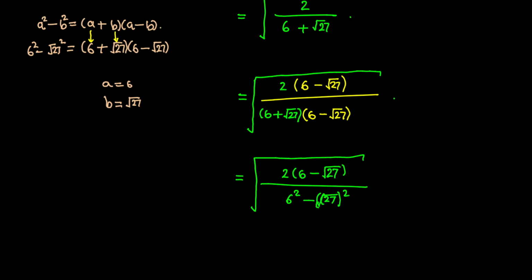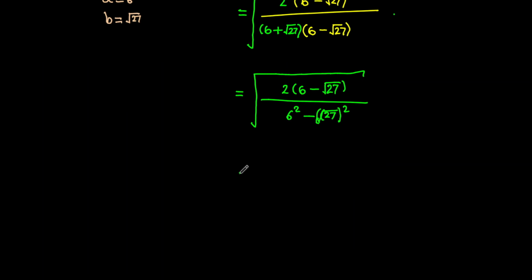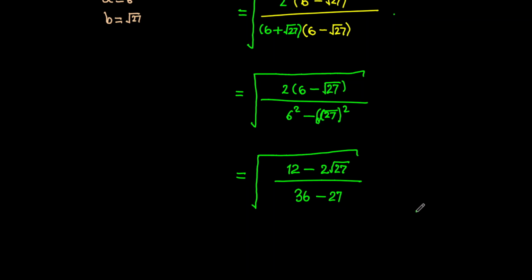So after this stage we can still simplify the denominator, and we can even go ahead and open up the numerator so that we have 12 minus 2 root of 27. From the denominator, 6 squared is 36 minus, so the square and the square root sign cancel, and we have 27, and still everything is under the square root sign.